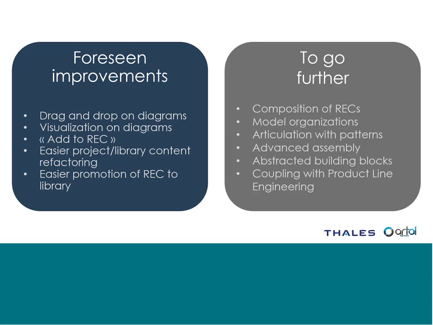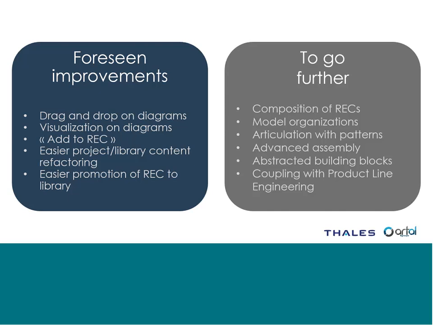Right now, you have to select manually all elements that you want to display. We would like to have visualization on diagrams. So basically, when you have an architecture model and you are in your semantic browser, you can locate a replica, do right-click, and see a highlight of all the elements that belong to this replica in the current diagram. We would like a simple add to rec from an element to ease the update of the record.